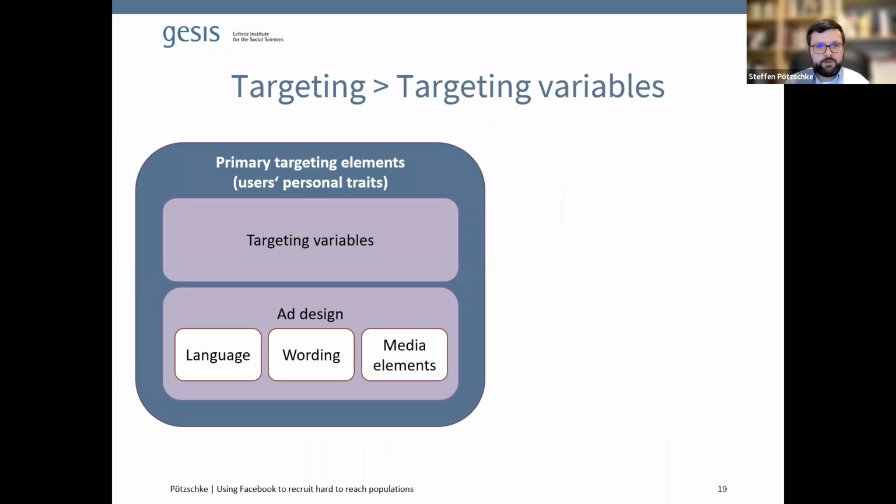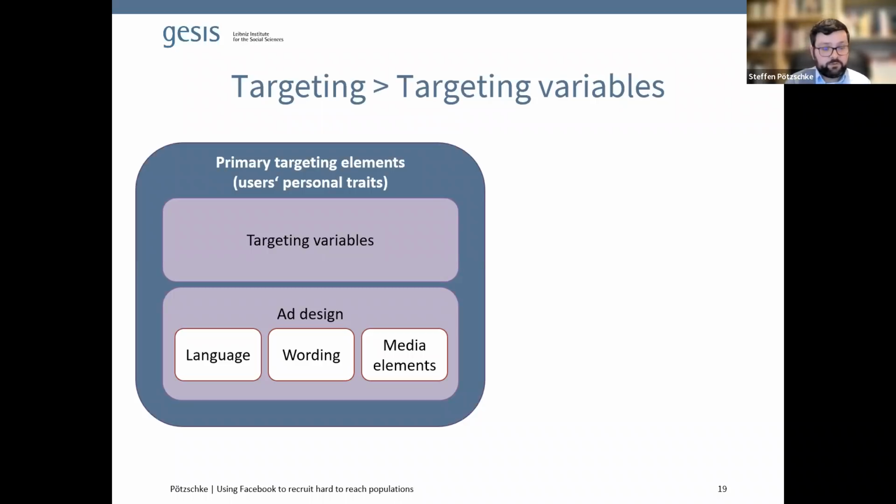So we can differentiate between primary and secondary targeting elements. Primary elements are building on users' personal traits. So certainly this applies to the targeting variables, but also to aspects of the ad design.